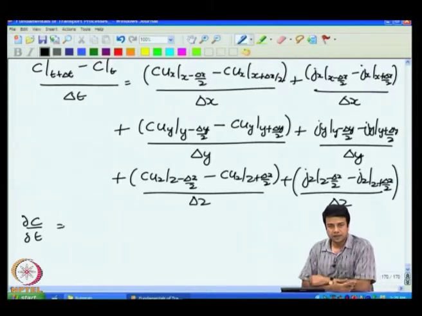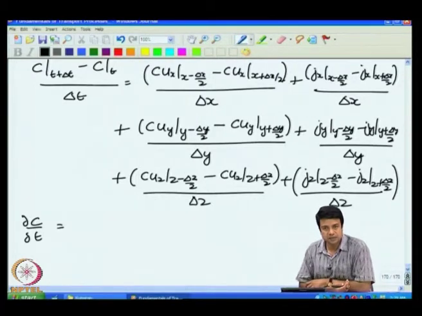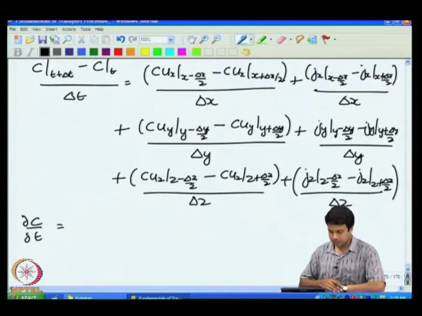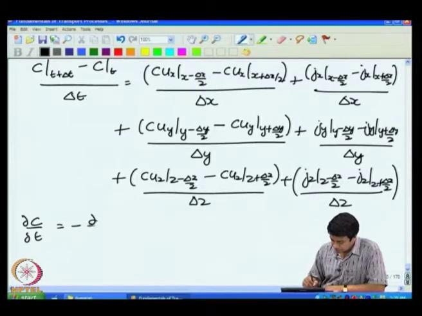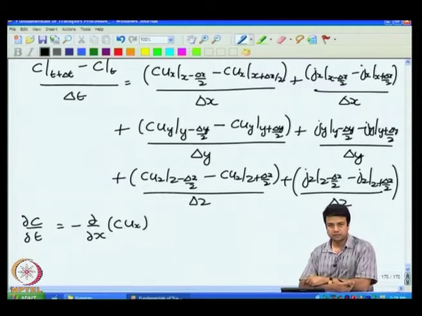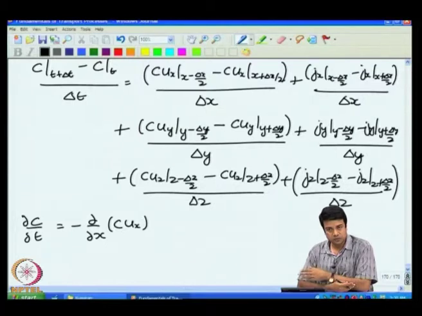Okay. On the right hand side, the first term is C u x at x minus delta x by 2 minus C u x at x plus delta x by 2 divided by delta x. So, therefore, this term is the negative of d by dx of C u x, because the derivative is the value at x plus delta x by 2 minus the value at x minus delta x by 2 divided by delta x.